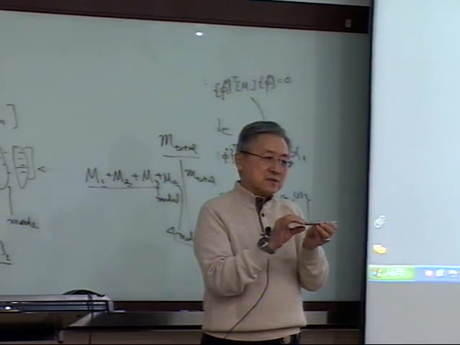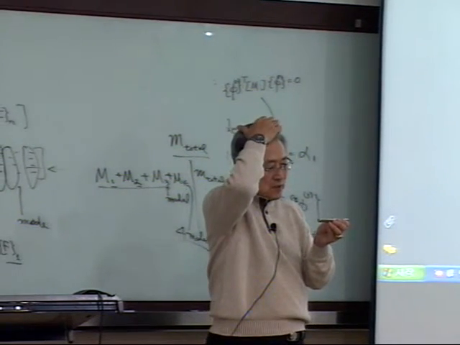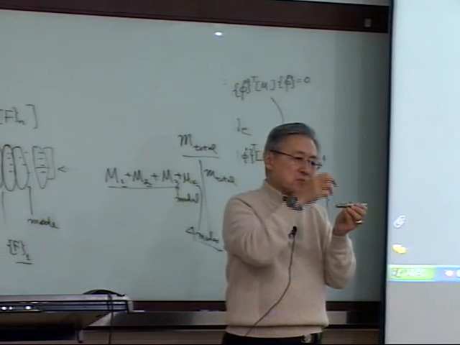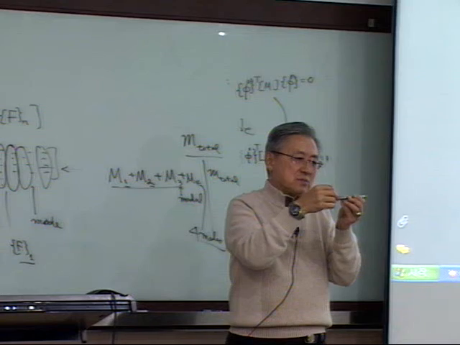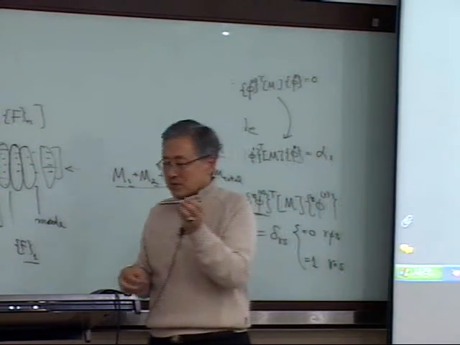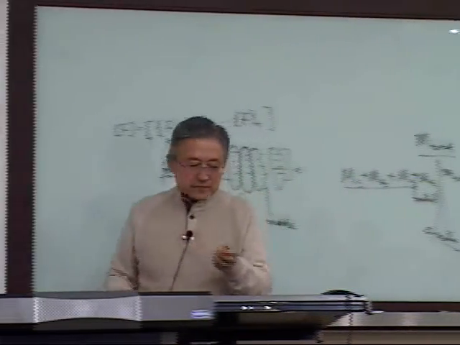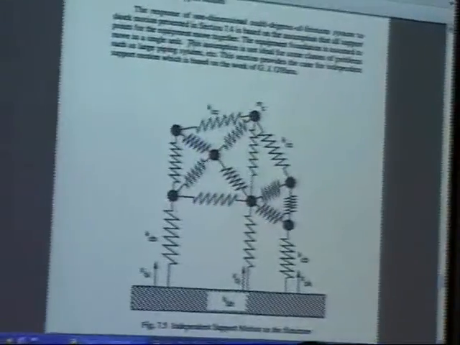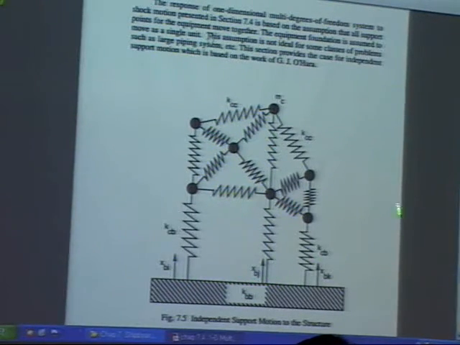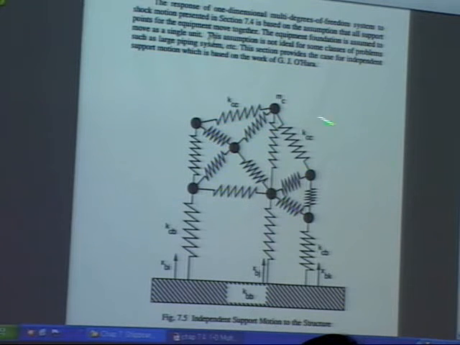If you go into a naval ship, you can see all the trays, snubbers, holding the piping systems and all that. Okay? So which is like this, holding. So this is a structure, like a piping system or whatever.